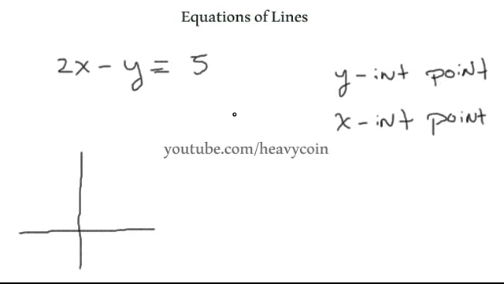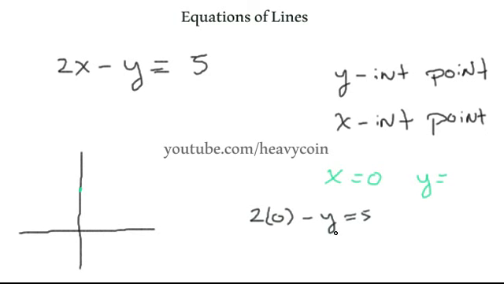Now the Y-intercept point is where the graph crosses the y-axis, and that's when x is 0. Then we want to figure out what y is going to be. That's easy to do, because we take 0 and plug it into our equation. So we have 2 times 0 minus y is equal to 5.